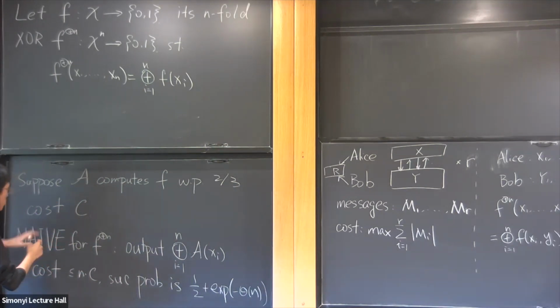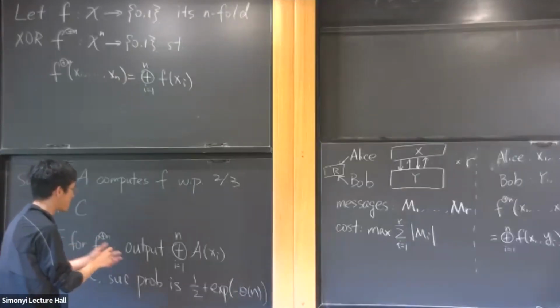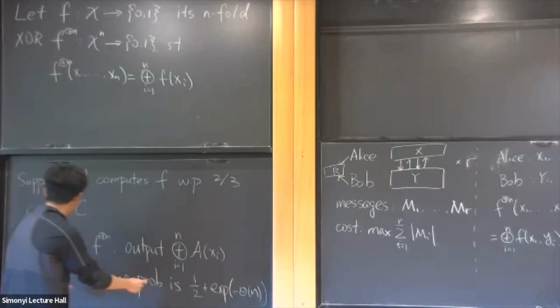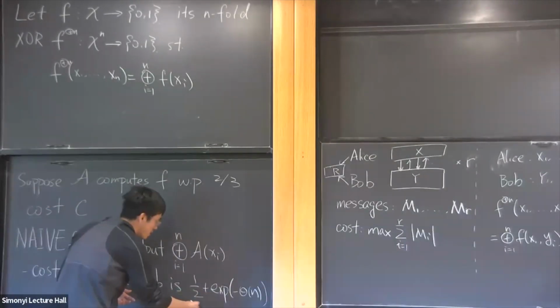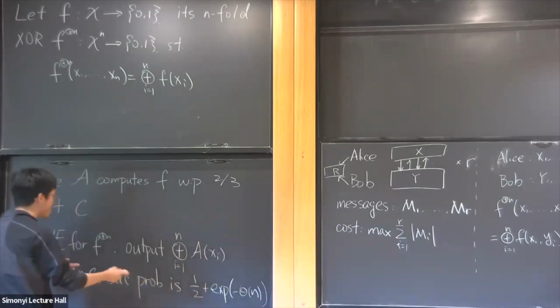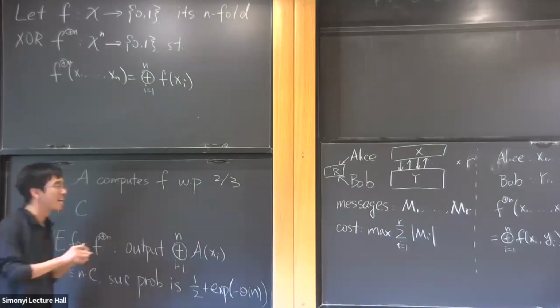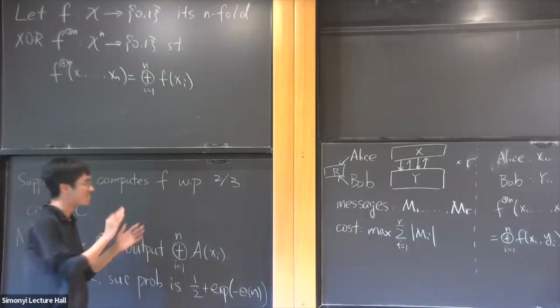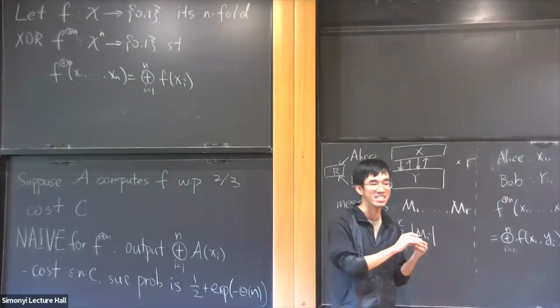That is whether we can prove something like this in the other regime where the success probability of f to the n is a constant. Let's say when this is a constant, can we say that this must be something like 1 minus 1 over n? That is a different regime that we don't know how to prove. Oh, I see.